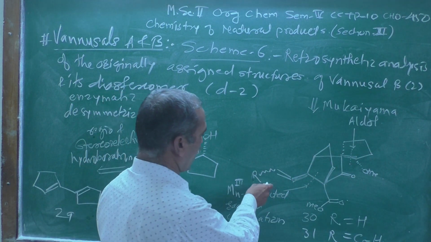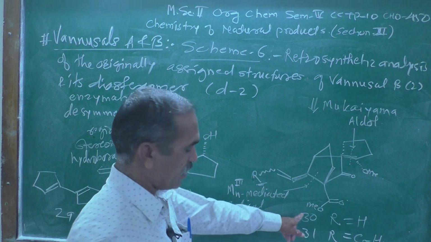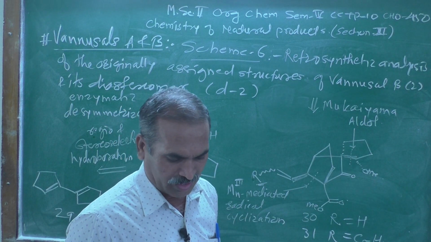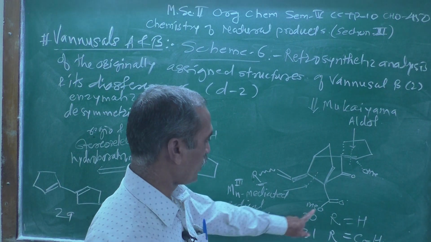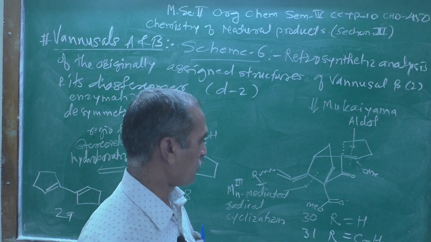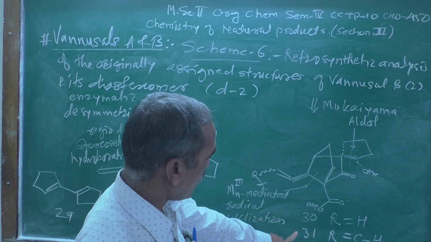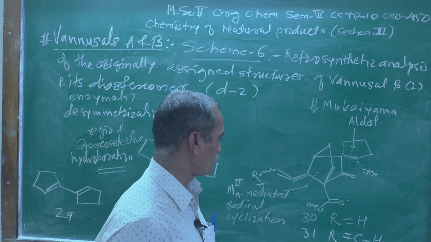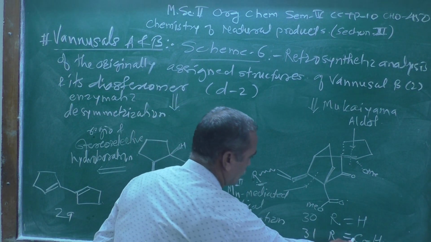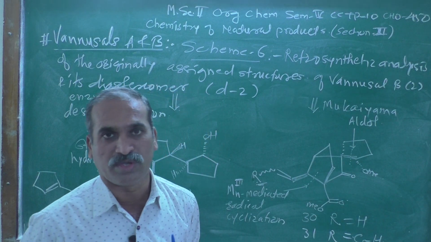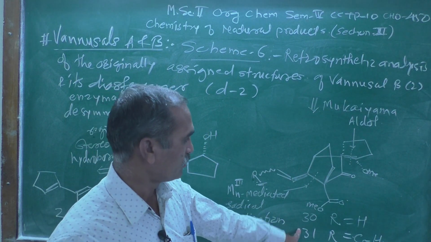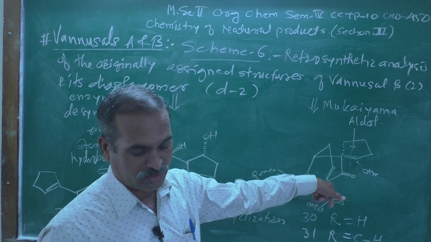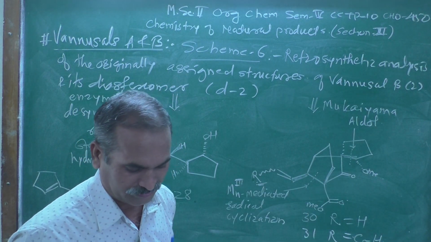The nature of R, if there is a hydrogen atom, then you get compound number 30 over here. If R is this alkyl group C5H11, then that compound number is 31.